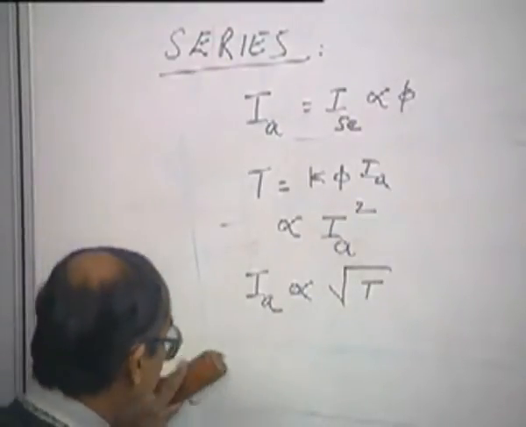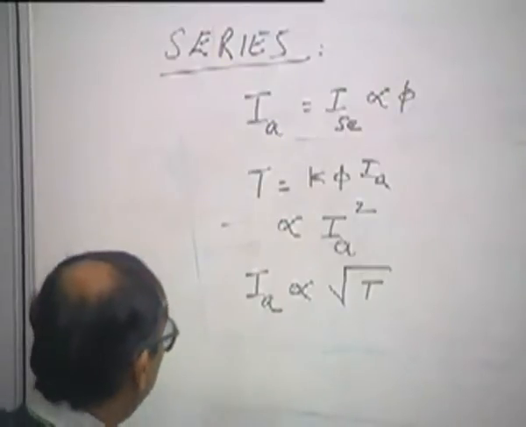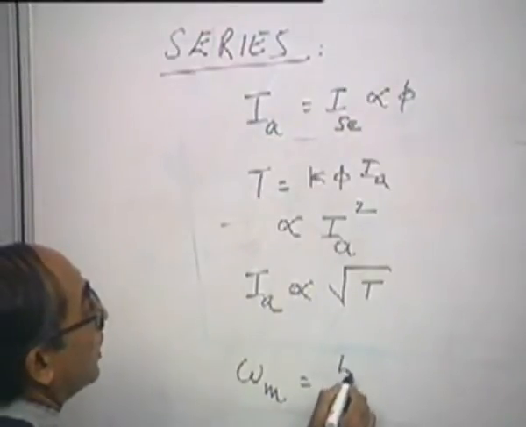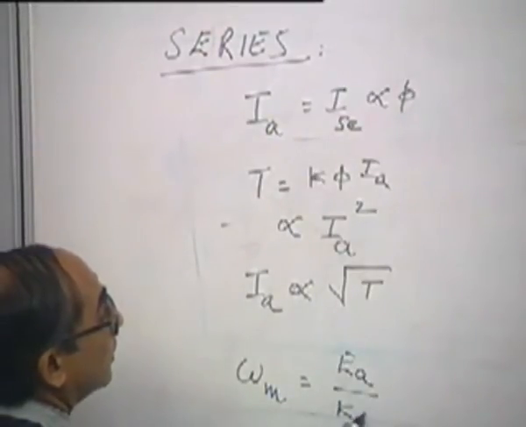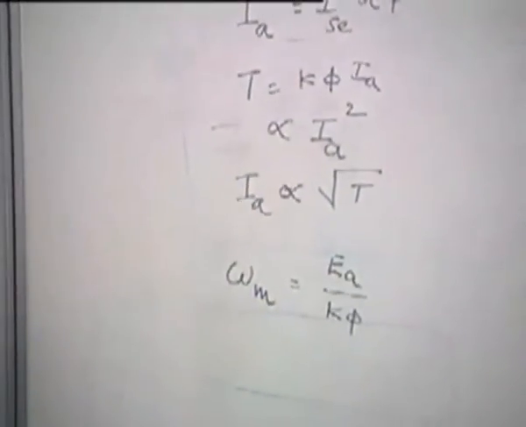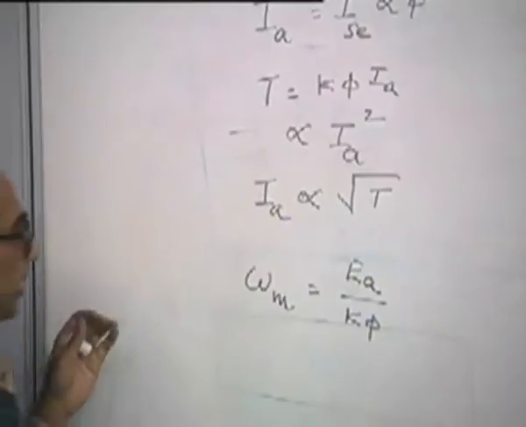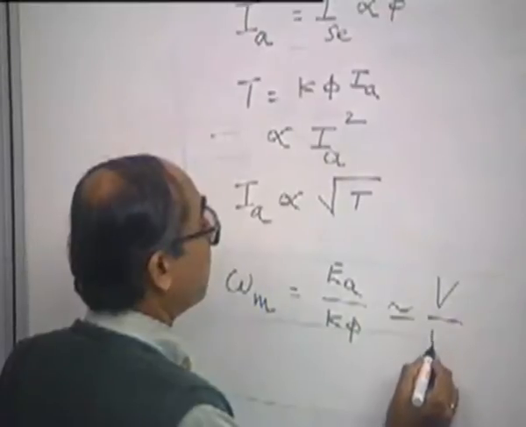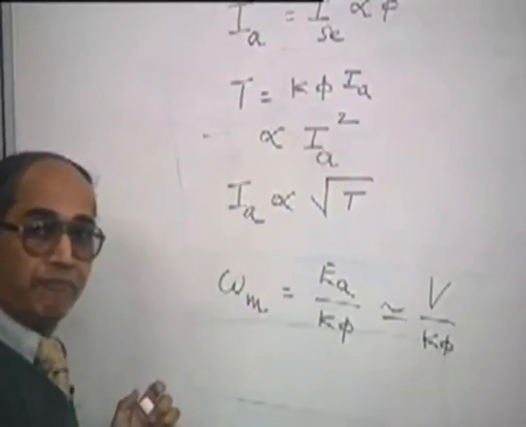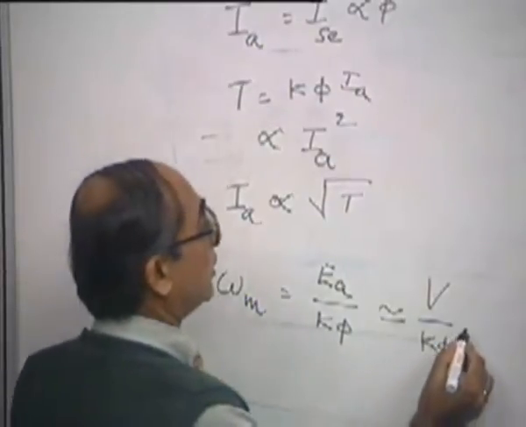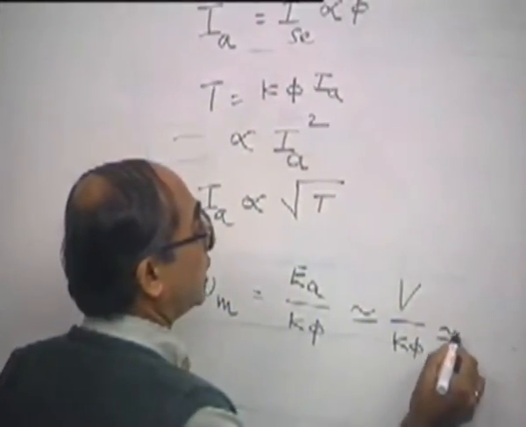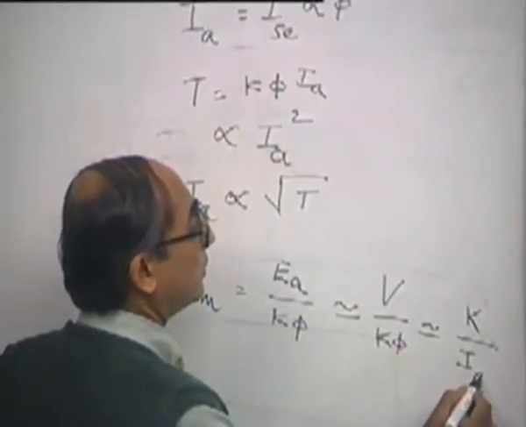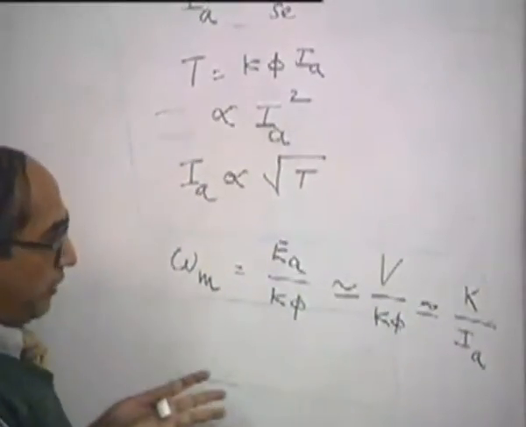Now as the torque increases, what will happen to the speed? Omega m is equal to EA by K phi, and let us say it is approximately equal to applied voltage by K phi, which is approximately some constant divided by IA.